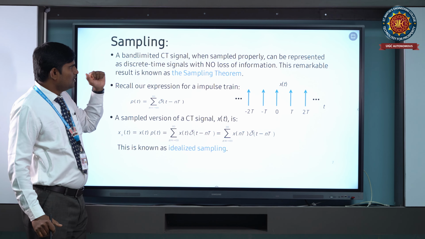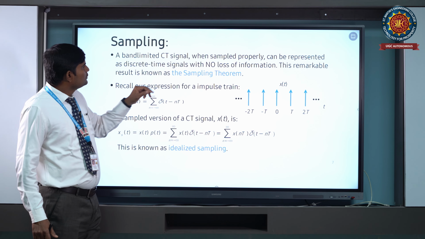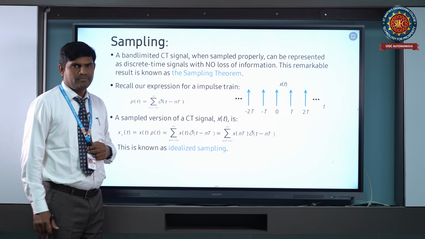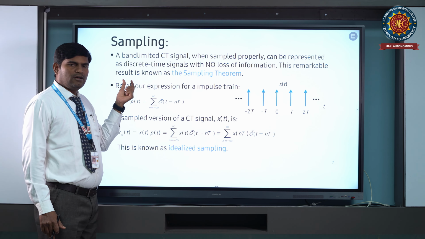In the time domain it can also be written as Ts less than or equal to 1 by 2Fm, that condition we can write in reciprocal. So it can be sampled, and represented as a discrete time signal with no loss of information when the sampling frequency Fs is greater than or equal to 2Fm.